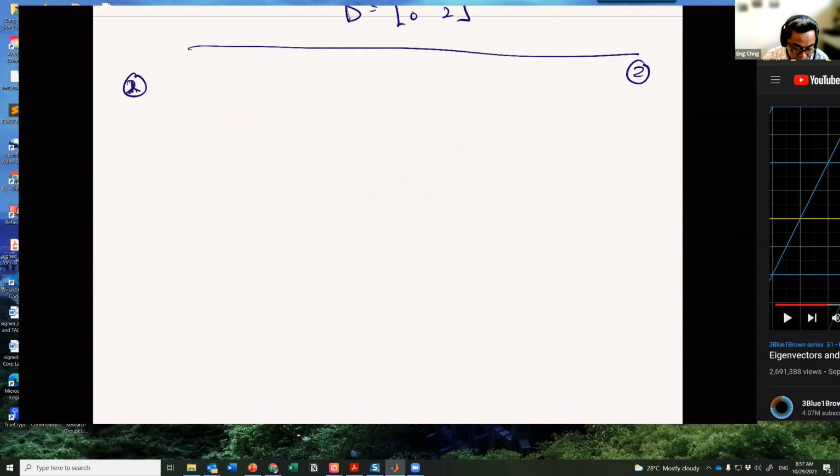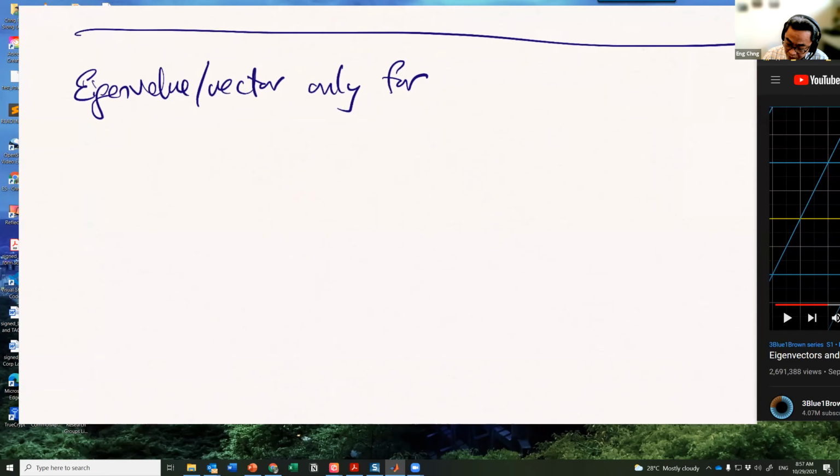Eigenvalue and eigenvector are only for, the first thing is, square matrix. You cannot find the eigenvector and eigenvalue of a non-square matrix.